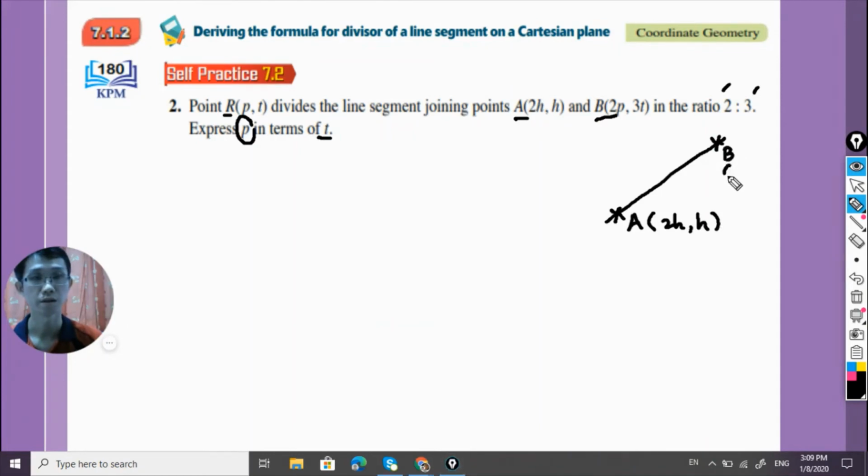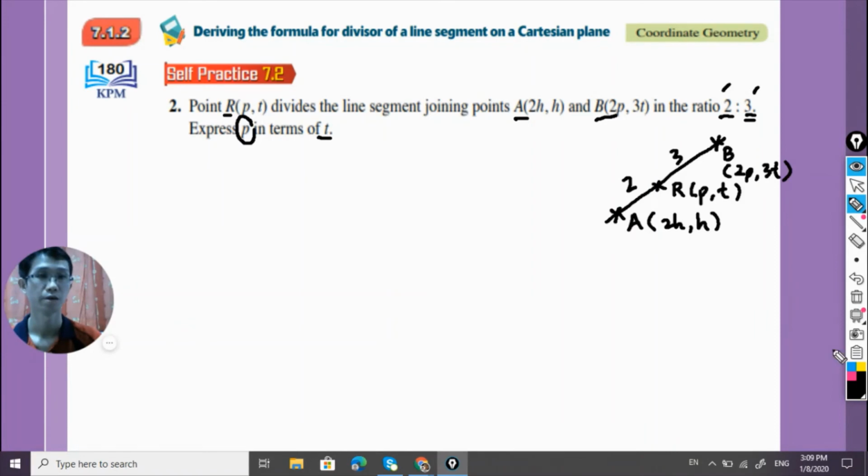So A, then B. The point R will be somewhere in between, with the ratio 2 to 3, so that means point R is a bit closer to A. Here 2 parts, here 3 parts.